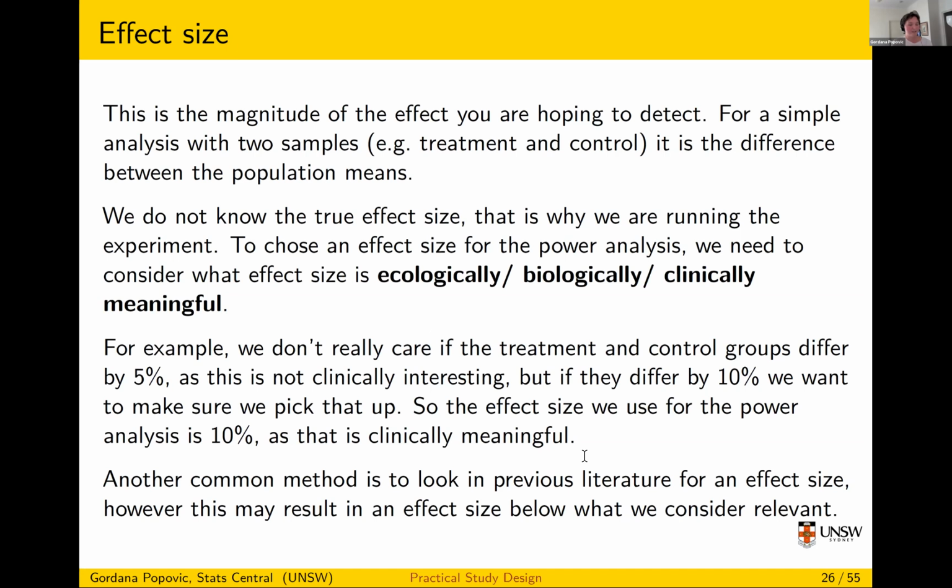So you do your sample size analysis and it's going to tell you need 1,000 people. But if you'd chosen your effect size based on something clinically meaningful, then you might have chosen 10%, and then your estimated sample size will be smaller. So it should be something that's actually meaningful. You can use the literature as a guide, but I do think you need to think about what's actually meaningful for this study. Okay.